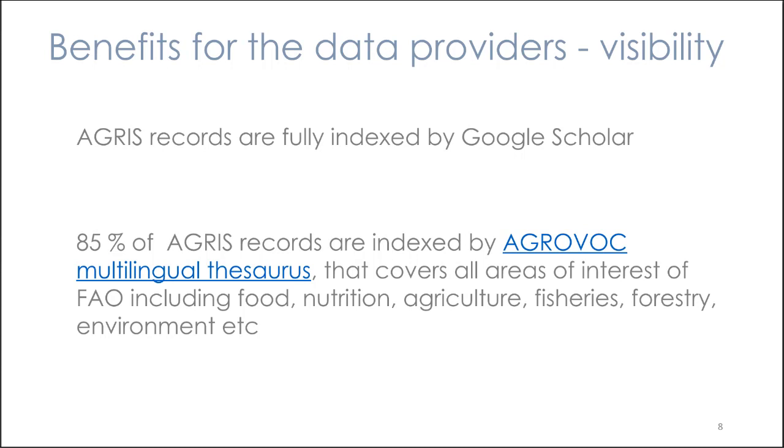And then 85% of AGRIS records are indexed by the AGROVOC multilingual thesaurus that is, of course, covering all FAO areas of interest. And that is also a widely used thesaurus in the agricultural domain.